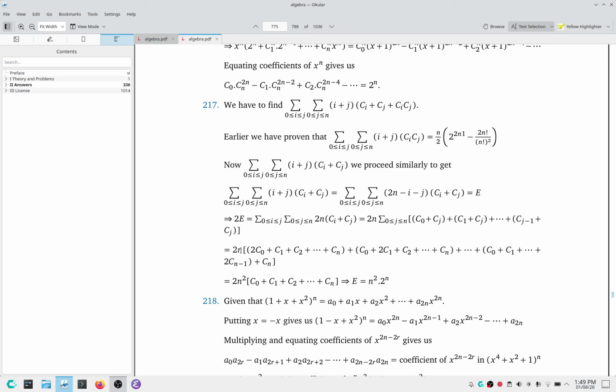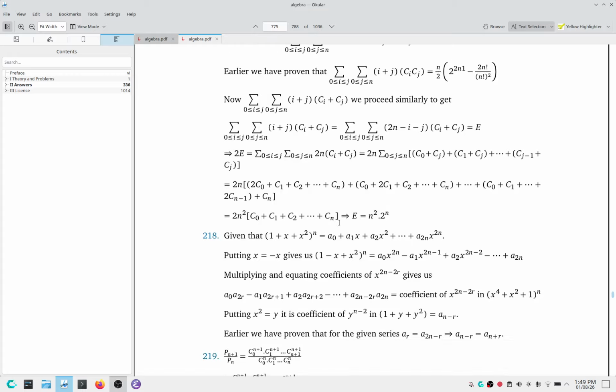Now this is equal to 2n times 2C0, putting j equal to 0 to n, plus C1 + C2 up to Cn, plus C0 + 2C1 + C2 up to Cn, plus C0 + C1 up to 2Cn-1 + Cn. Now you add all this, you will get 2n square (C0 + C1 + C2 up to Cn), which implies that E is equal to n square times 2 to the power n, and you have the final answer.